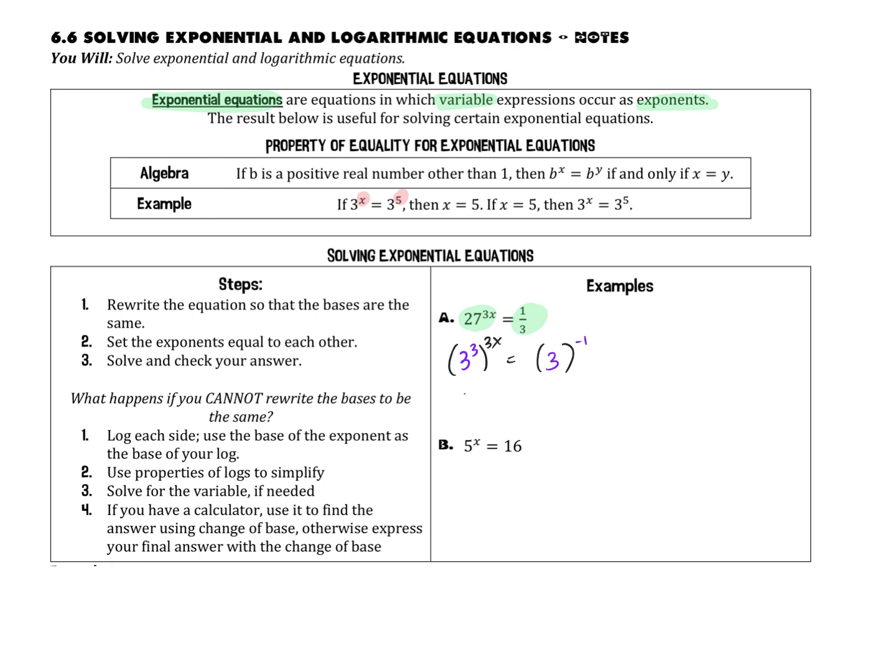And let's simplify this a little bit. 3 to the 3, to the x, we multiply those two exponents to get 9x. This is going to equal 3 to the power of negative 1.